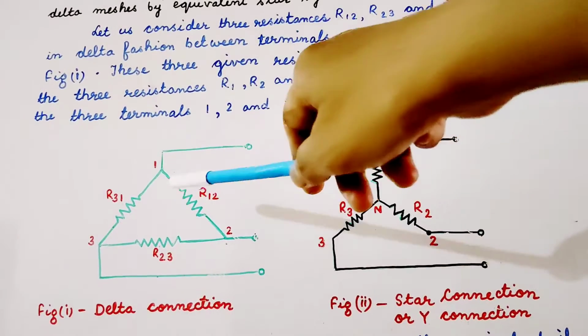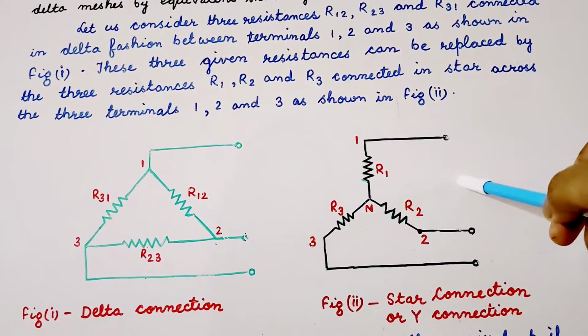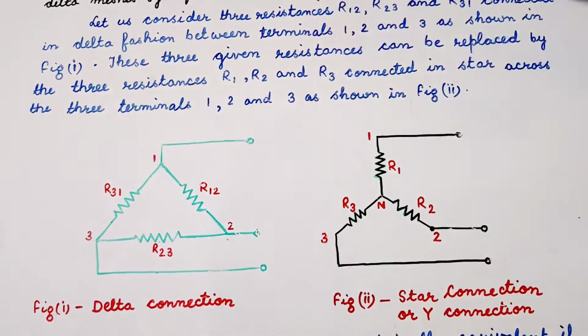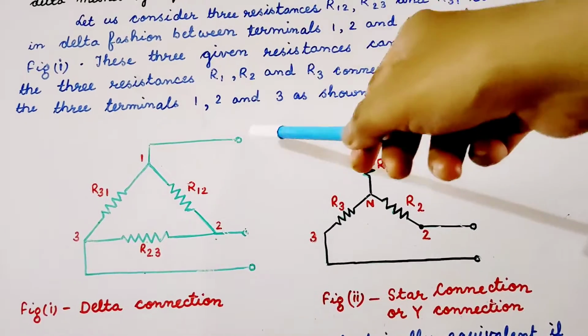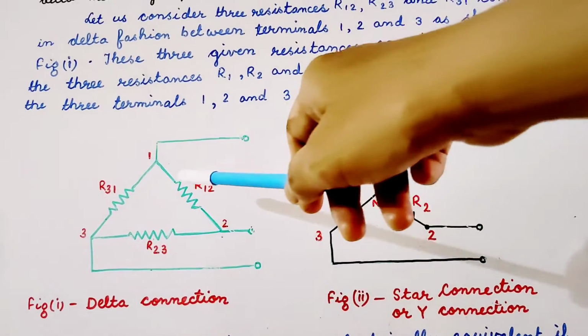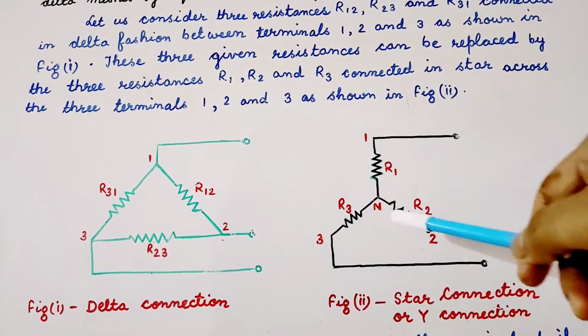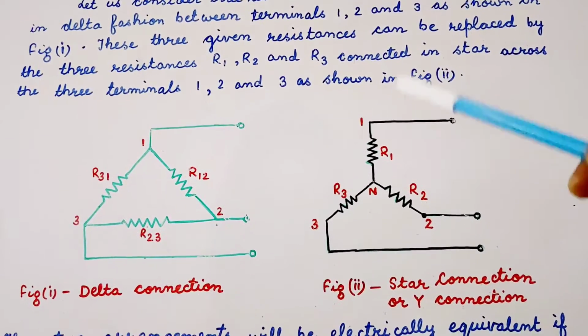So, we can easily convert the delta connection to star and the star connection can be easily converted into delta, because they are connected across the same three terminals 1, 2 and 3. The star connection is also called the Y connection.